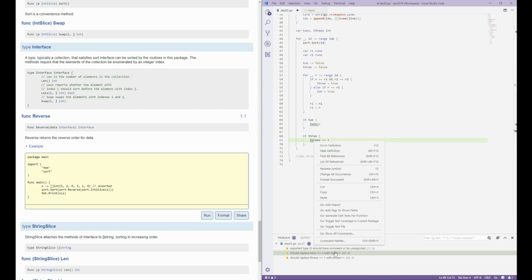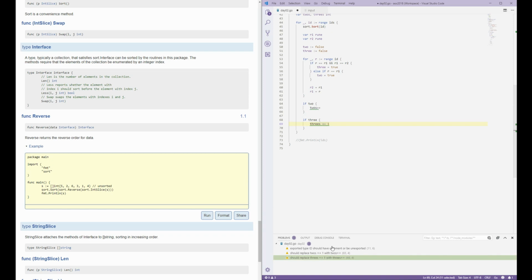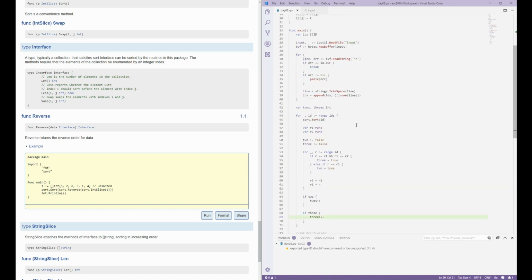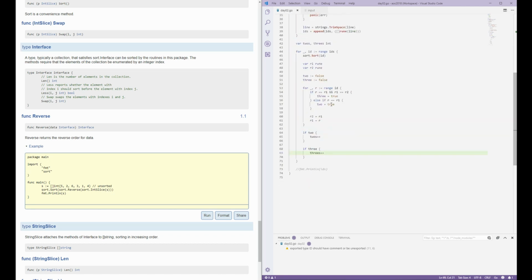Accept suggestion. Copy. No. Export the type ID. That's just because it's a capital letter, but wow. To freeze, don't count. I guess you shouldn't do that at least.